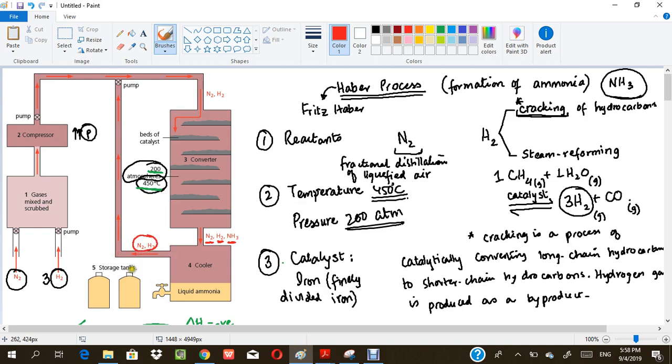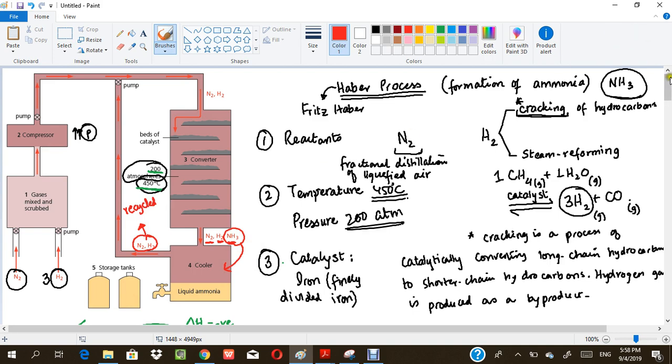Nitrogen and hydrogen gases, which are gonna go back through this pump and into the converter. That means the remaining unreacted nitrogen and hydrogen gases are recycled. Whereas the ammonia which is formed goes into the cooler, is liquefied, and is removed in tanks.